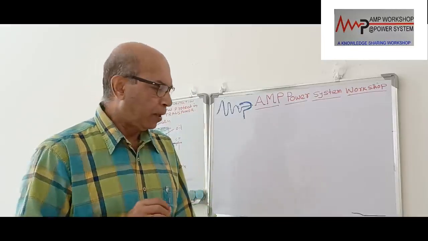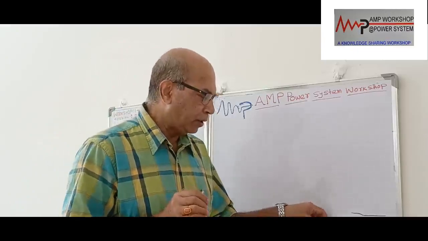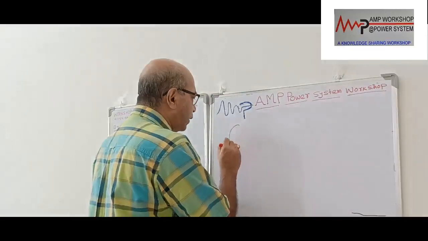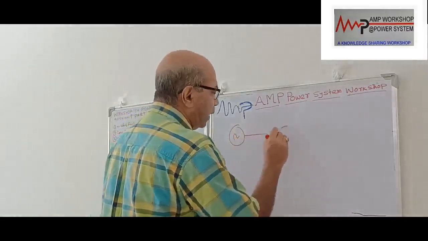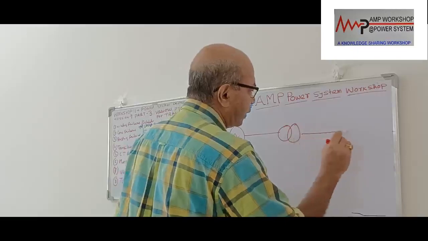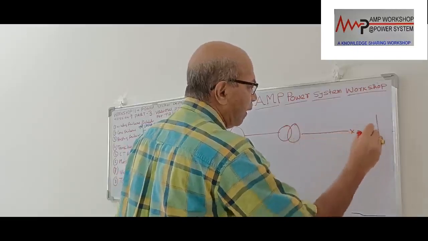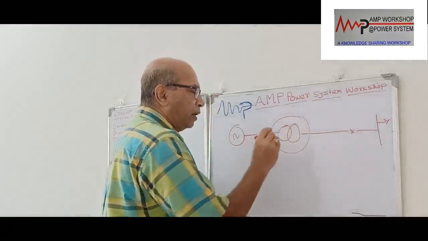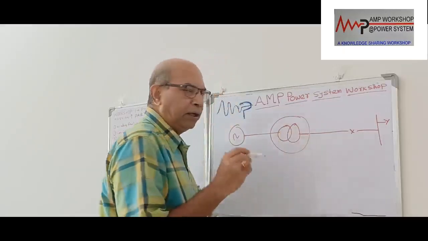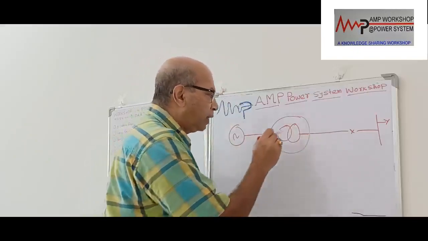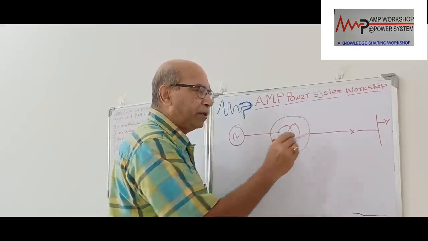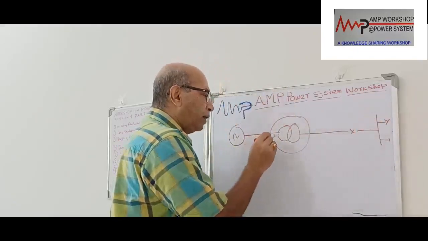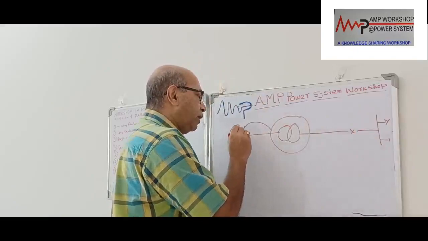drawbacks in the system. Suppose in the case of a generating station, the transformer is used as a generator transformer, which we have already discussed. This is a generator and the transformer is connected as a generating transformer. It is going to the switchyard and then from there it goes out. If the transformer is connected in this way and suddenly it fails, then it can cause disturbance in the entire electrical system, as well as disturbance to the generators.